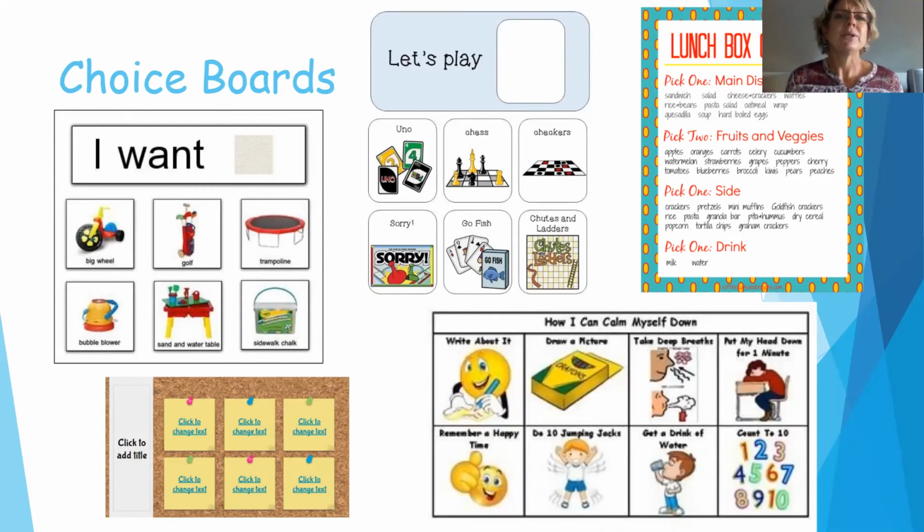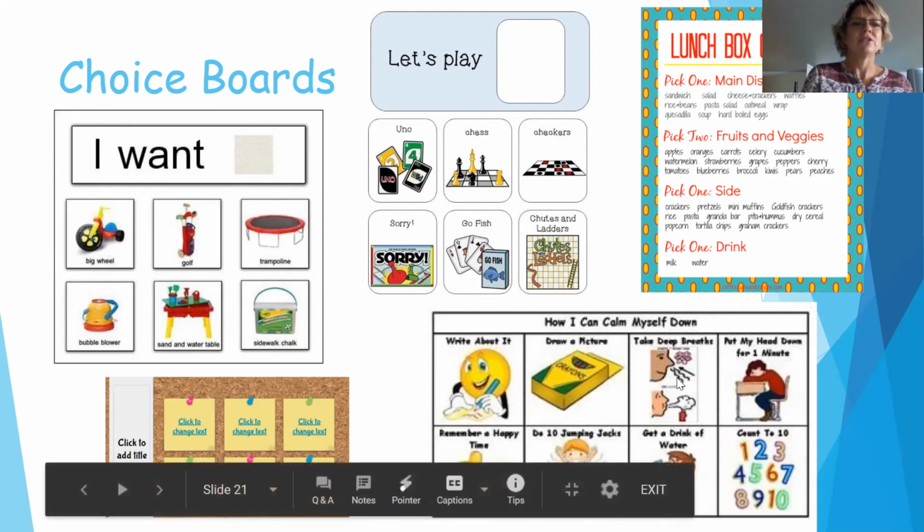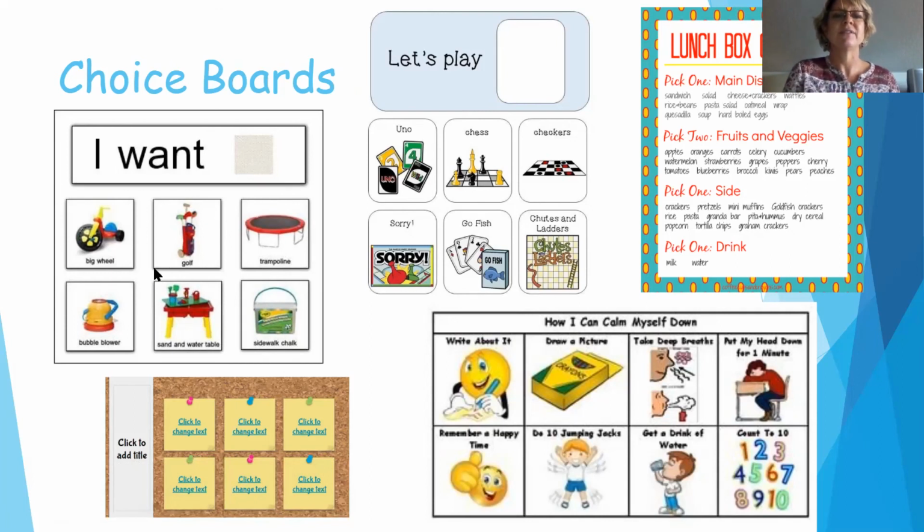So we can have choice boards that help define what the options are. So here's one with photos, just a basic I want, and these are the play items that are available. Here's let's play a game, and all the game options are right here.